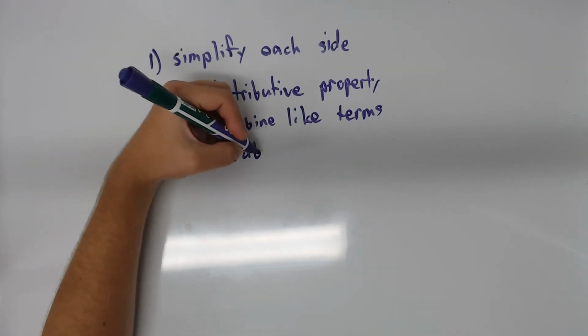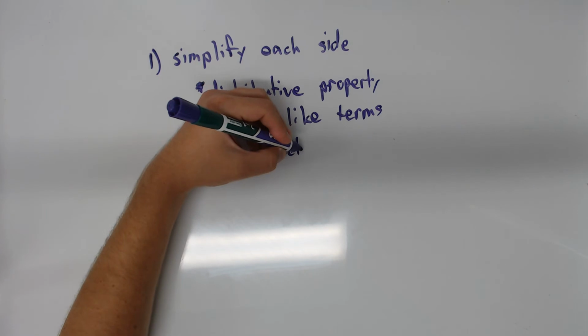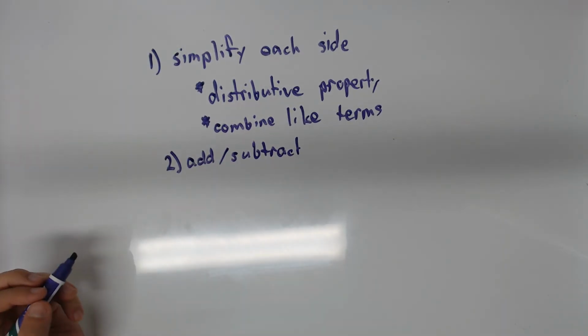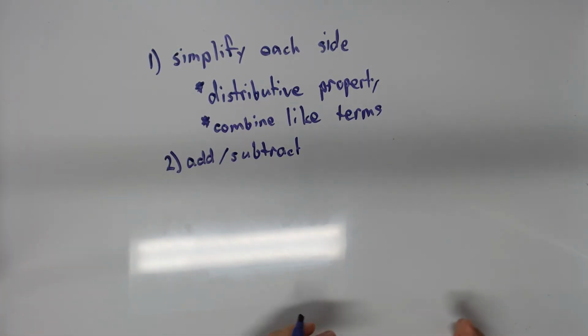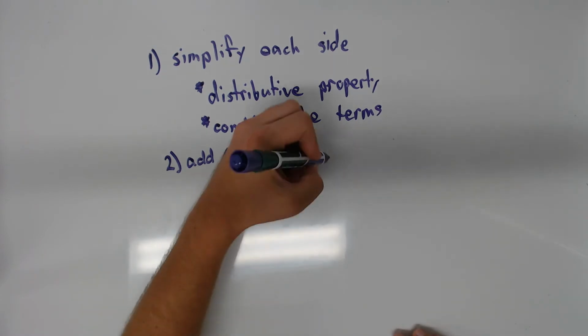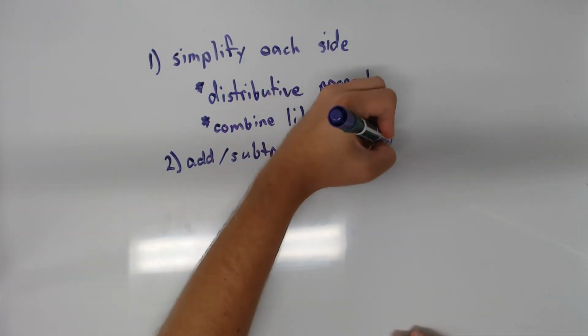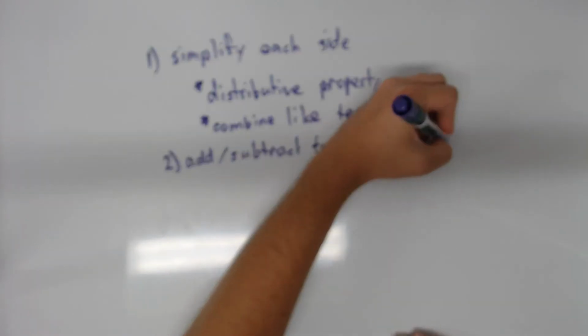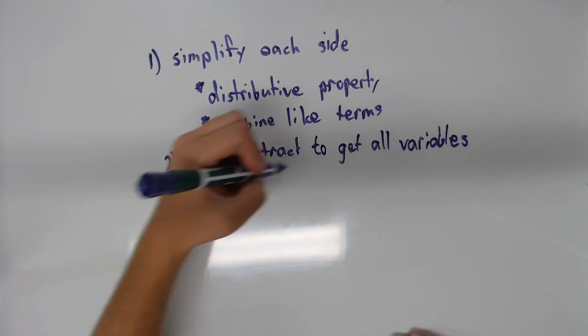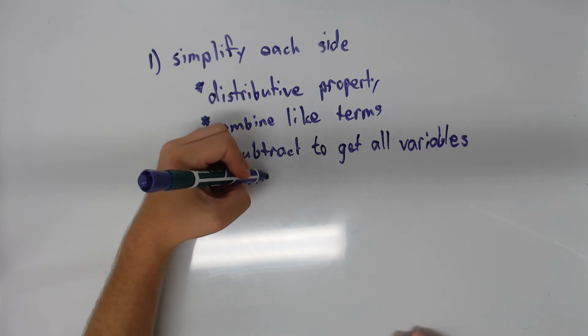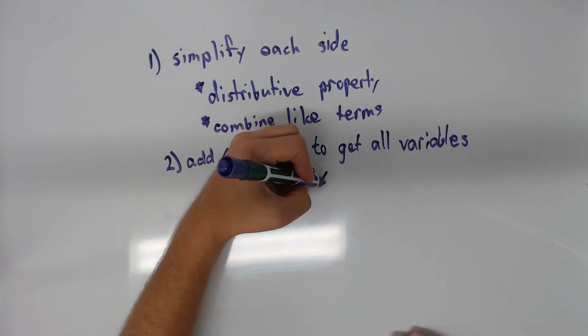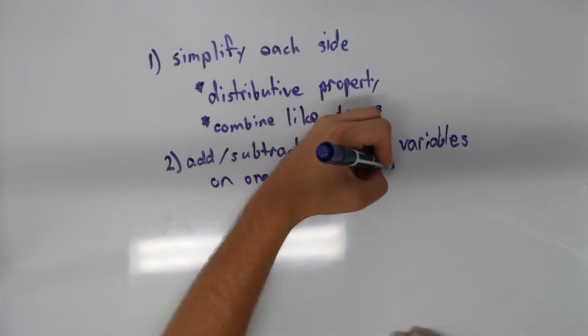The goal for this step is to get all of the variable pieces on one side and all of the number pieces on the other side. So add and subtract to get all variable terms on one side and all constants on the other.